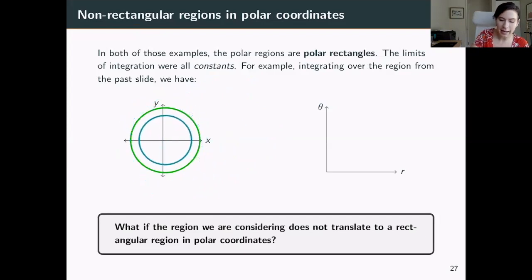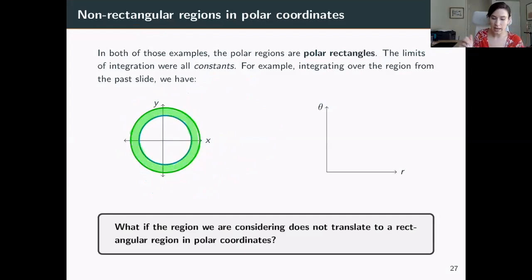So here I have that region between these two circles is given by a rectangular region. I had that my r was ranging between 1 and 2, while my theta was ranging between 0 and 2 pi.